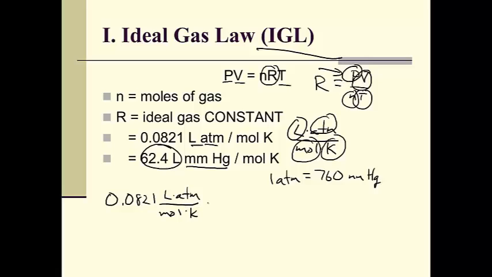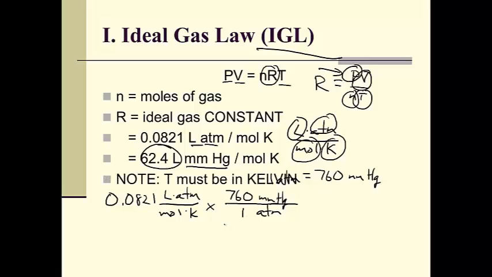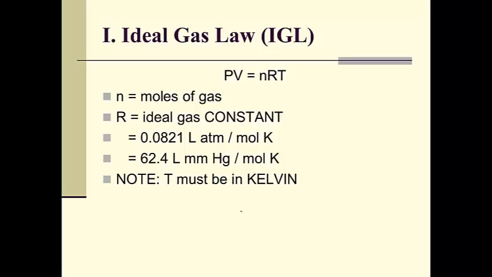Then all you're going to change is get rid of atmospheres and change it into millimeters of mercury. All you're doing is simple dimensional analysis, and you know 760 millimeters of mercury is 1 atmosphere. Don't forget, temperature has to be in Kelvin.